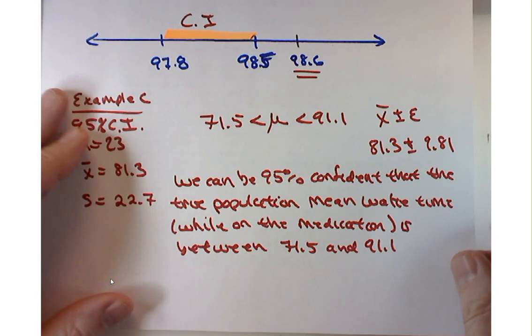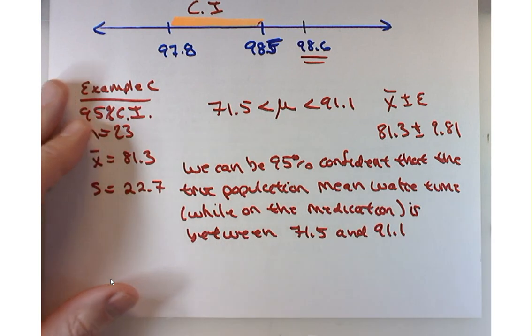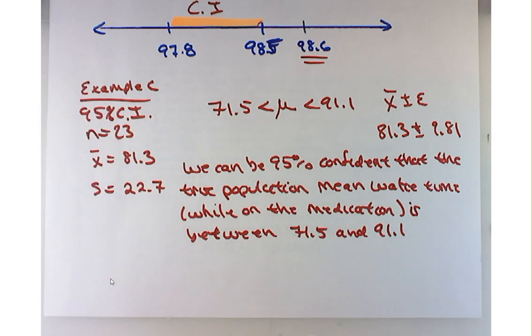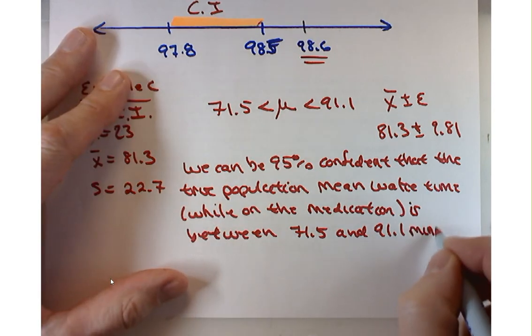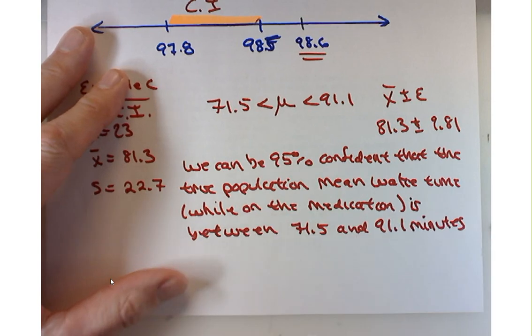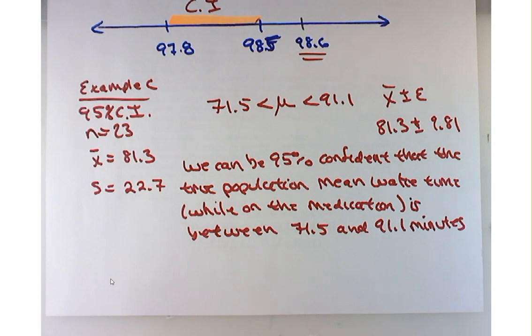Who wants to give theirs a try? Esther? We can be 95% confident that the true mean wake time for people with drug treatments is between 71.5 and 91.1 minutes. Beautiful. Did you want to try yours too? I had basically the same thing, I just put we can be 95% confident that the true mean wake time for a population with treatment is between 71.5 and 91.1 minutes. Nice. Looking good, both of them. Thank you, ladies.